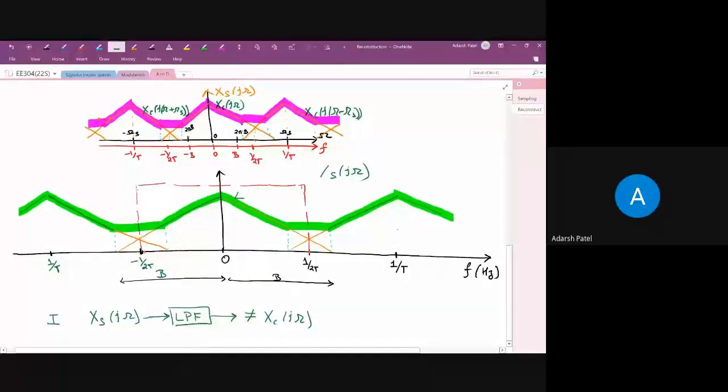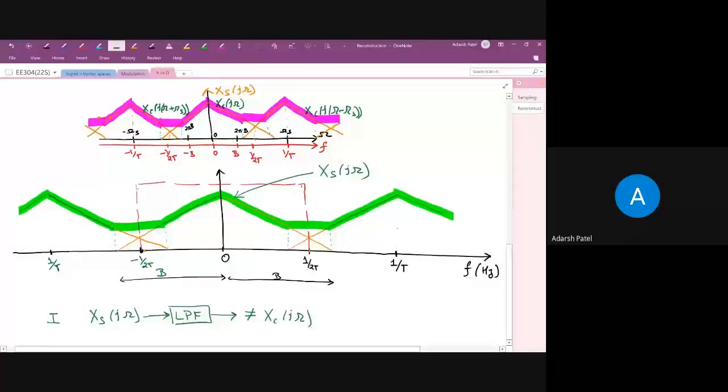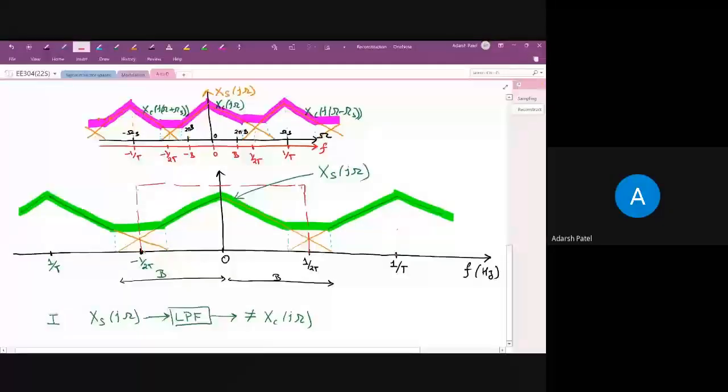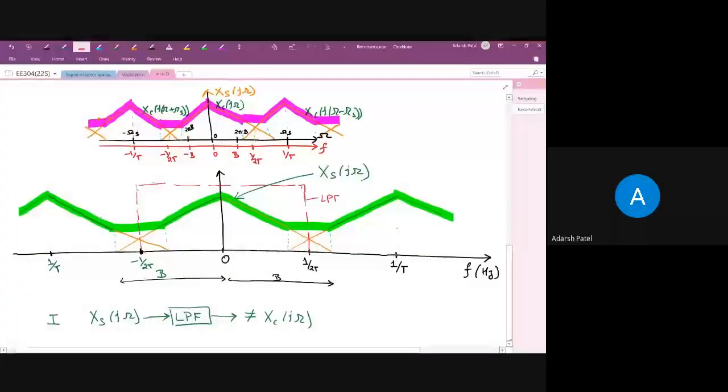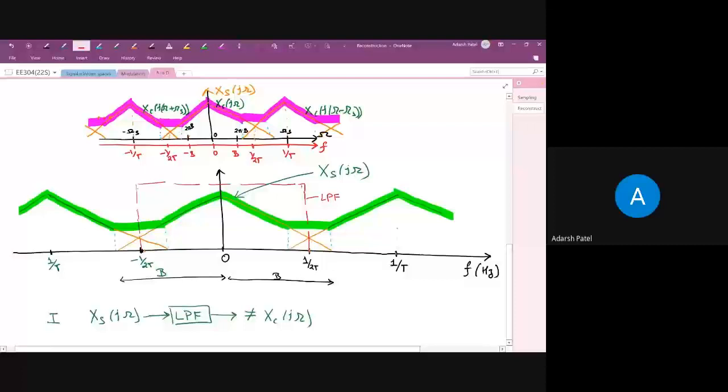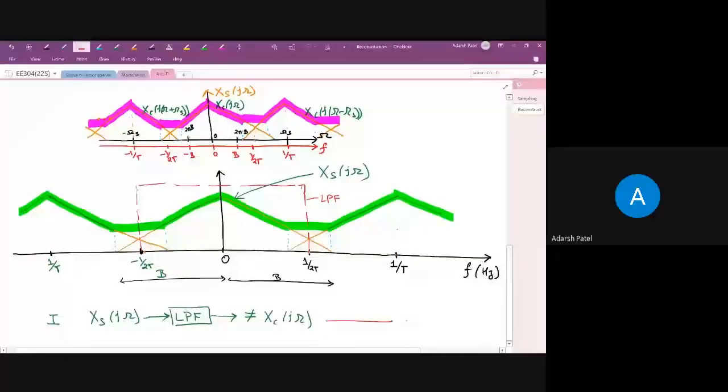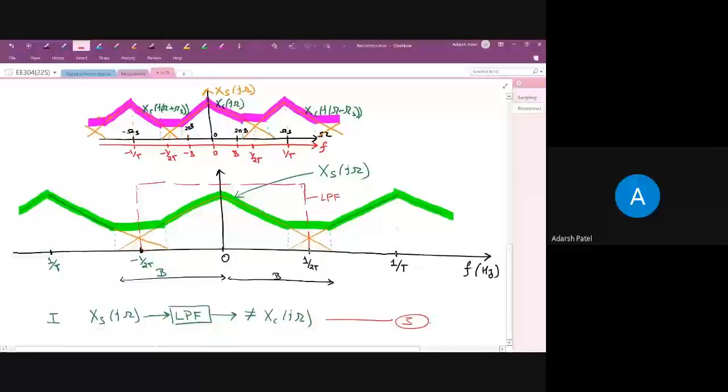Let this be the LPF. If I pass this thing by an LPF, even then what we will get is not same as xc omega. Is this point clear to everyone?